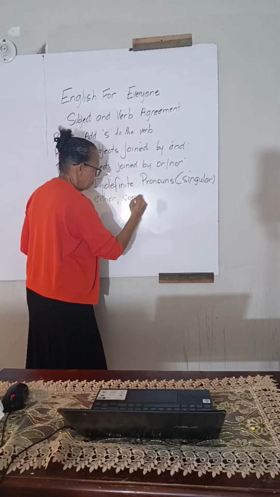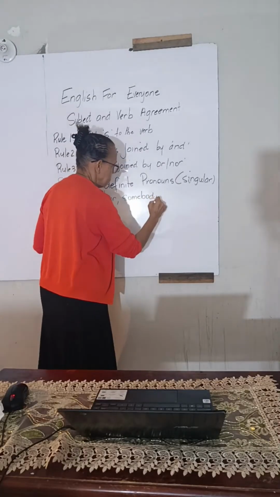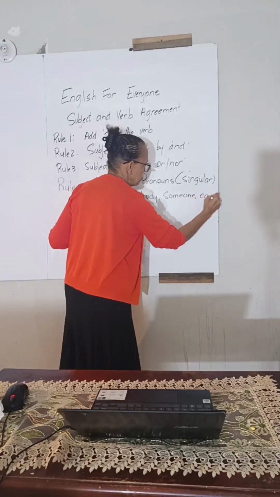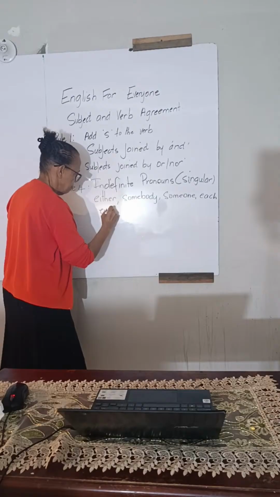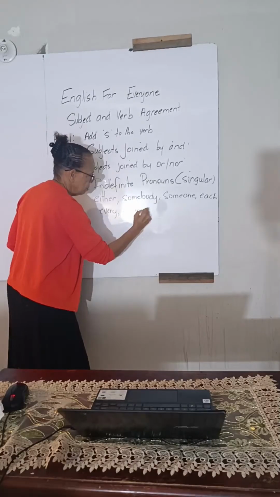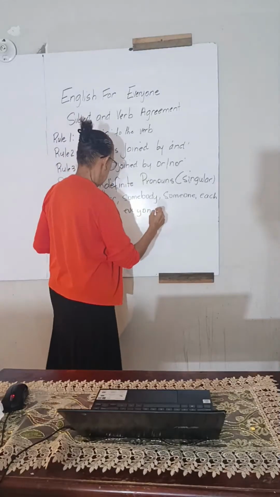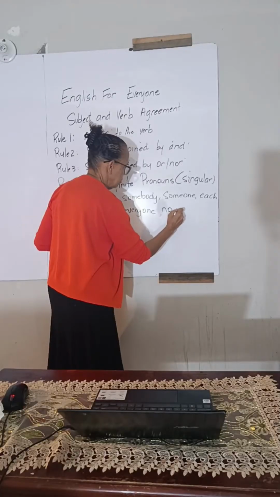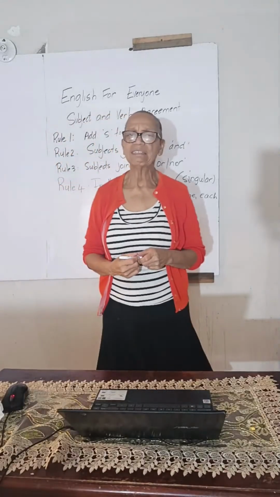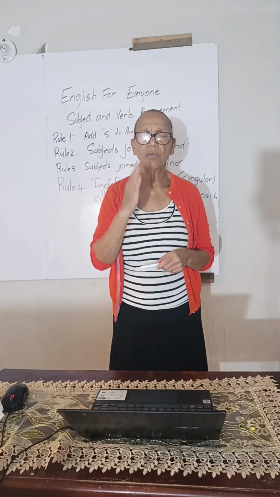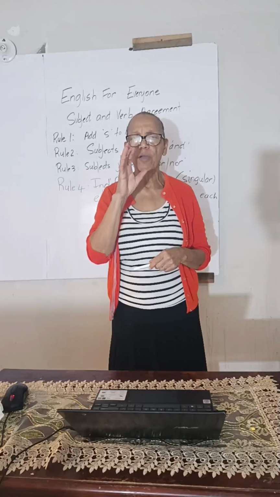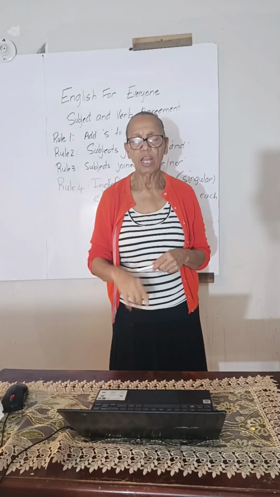Somebody, someone, each, every, everyone, no one, and there are more. Whenever you see these words in a sentence, they tell you right away that the subject and the verb agreement will be singular. They mean one.